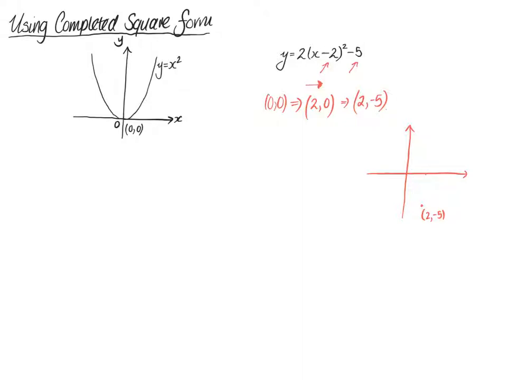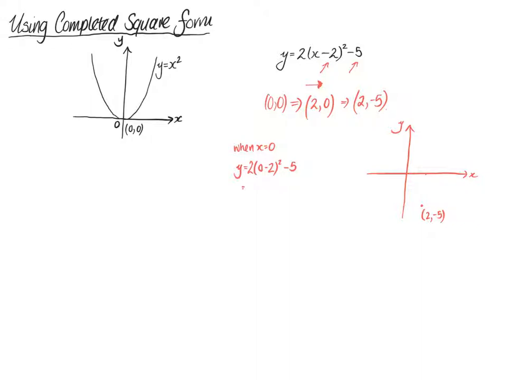But the other thing we need to know for this graph is going to be where it crosses the y-axis. And it crosses the y-axis when x equals 0. So when x equals 0, we're going to get y is equal to 2 times (0 minus 2) squared minus 5.